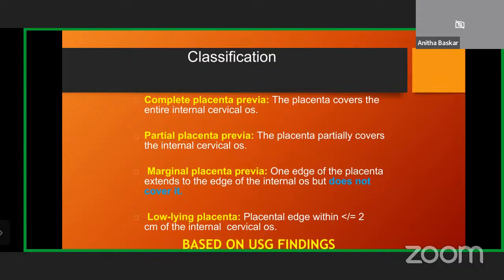Marginal placenta previa is very difficult to diagnose by ultrasound. It is very tricky but very important to diagnose, where one edge of the placenta extends to the edge of the internal os but does not cover it. It just touches the internal os. A low-lying placenta is in the lower uterine segment but within 2 centimeters of the internal os.